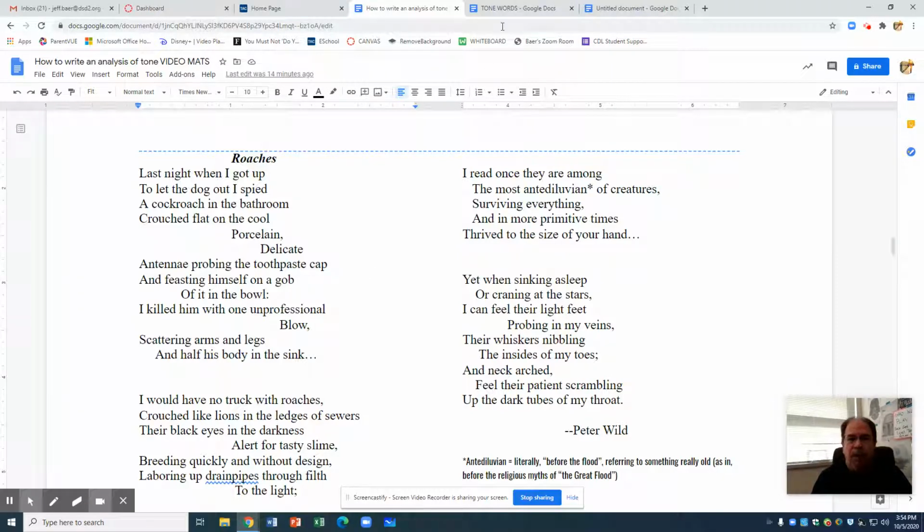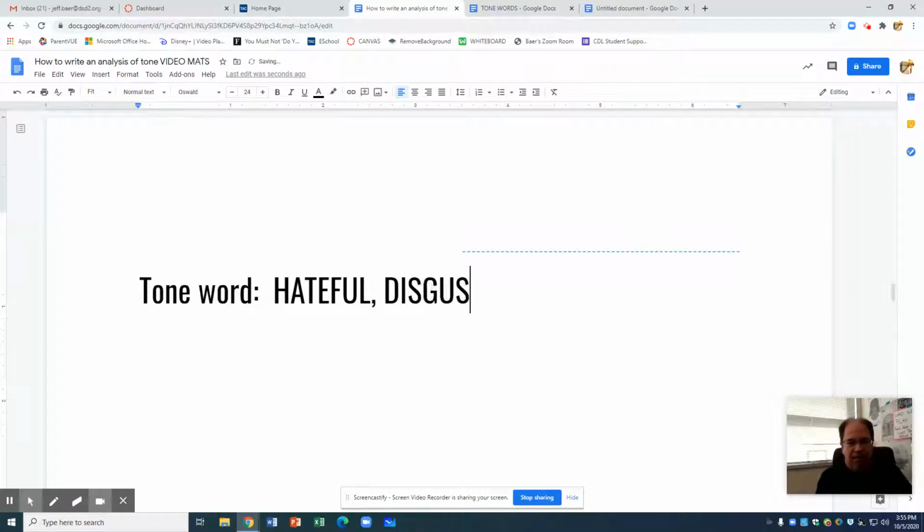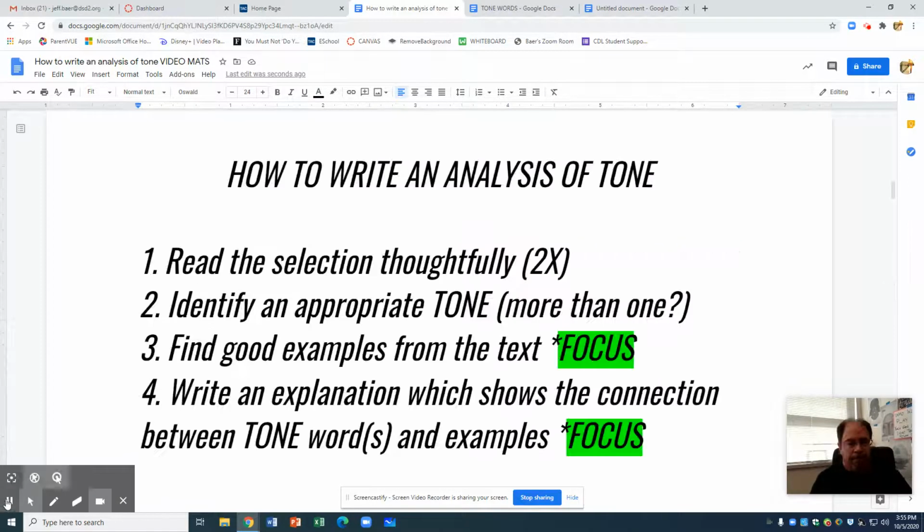So when we get to our analysis, we're going to put hateful and disgusted as our two best choices, and I'd probably say that disgusted is the best choice, but we'll leave them both up there for now, and we'll decide maybe to narrow down at a later point.